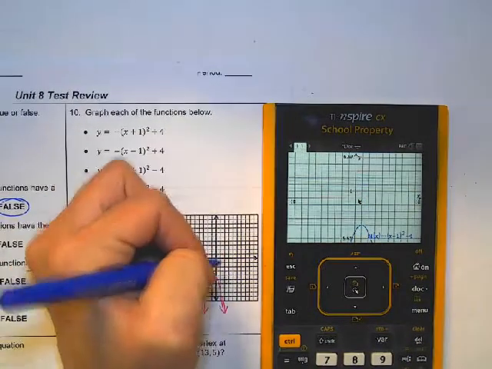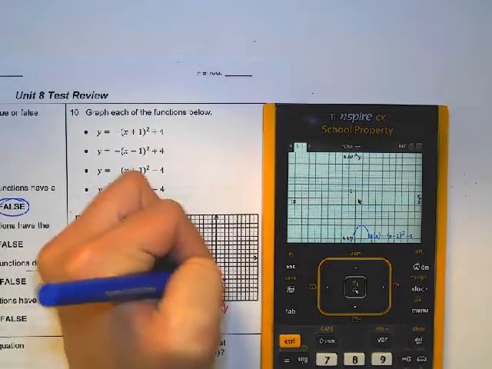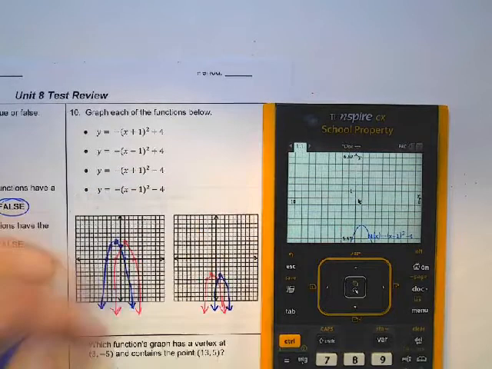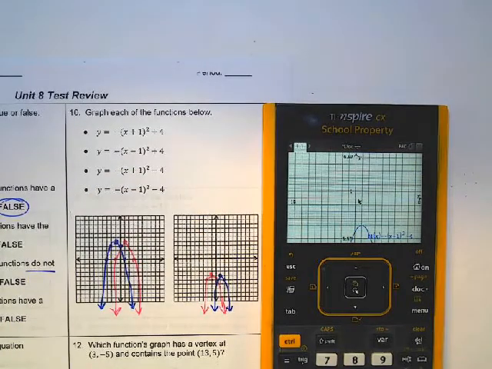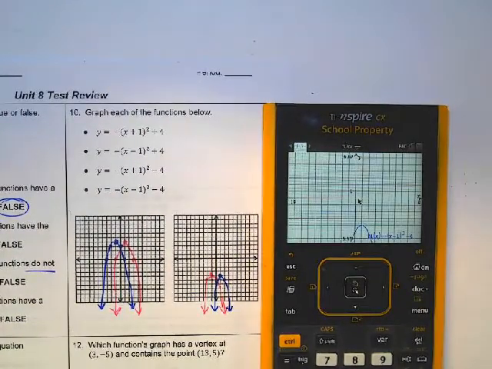Here and here. Like I said, you're not going to have to actually graph by hand on the test. These graphs will already be multiple choice answers for you. You just got to match them to the equation. Okay.